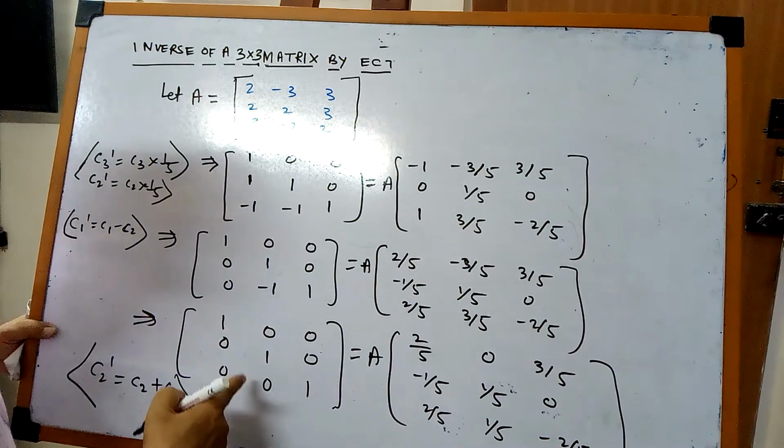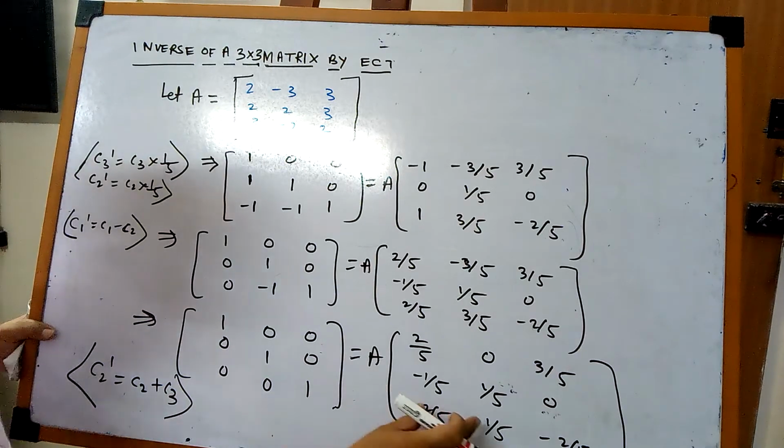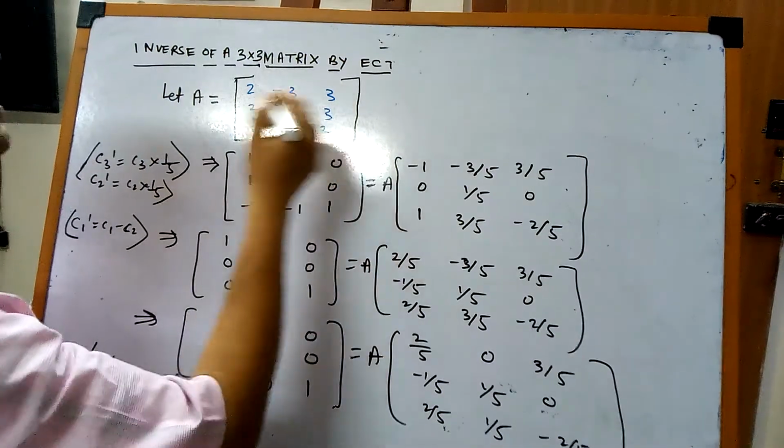So what have you got there? You got I equal to A into B. This B is referred to as the inverse.